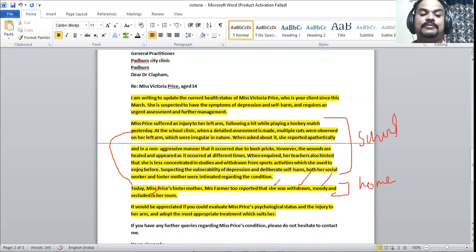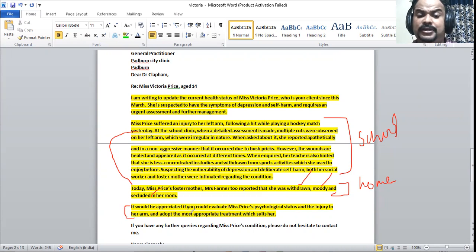So why have we separated this thing? You might ask, what is the reason for this separation of this paragraph? What is the logic behind it? The first paragraph, it happened at school. The next thing happened at home. That's it, simple logic.